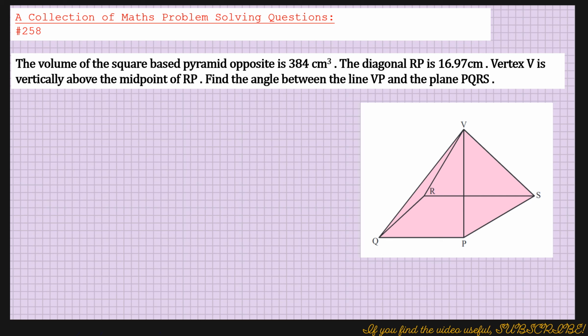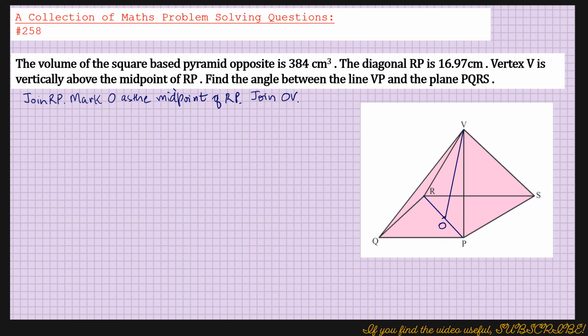So this question is asking us to find the angle between the line VP and the plane PQRS. The first thing we do is join RP. The next thing, we mark the midpoint of RP, and suppose O is the midpoint, and join OV.